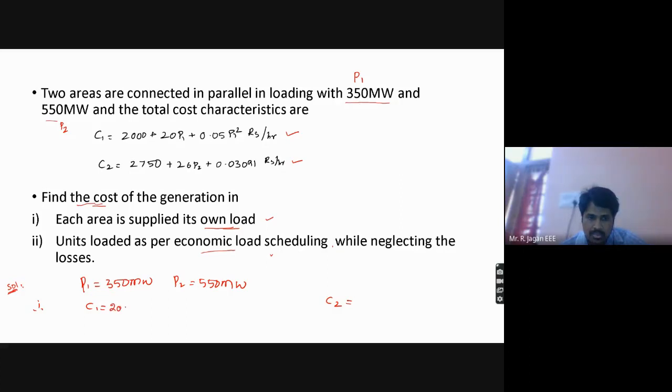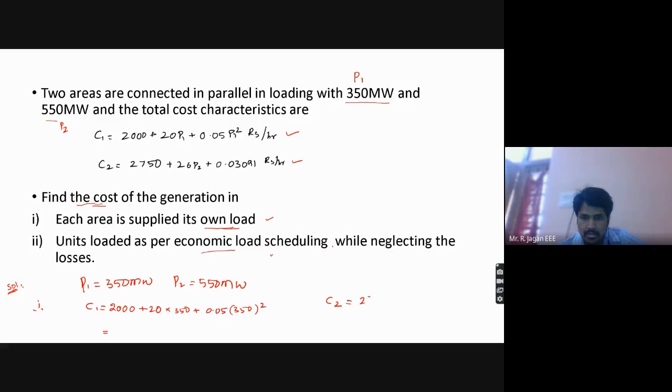Just substitute the loads in the C1 characteristics. That means here I am writing 20 into 350 plus 0.05 into 350 whole square. This is the cost you are getting. Just do it and tell me.